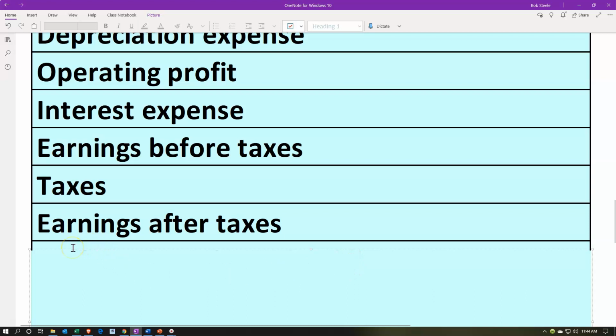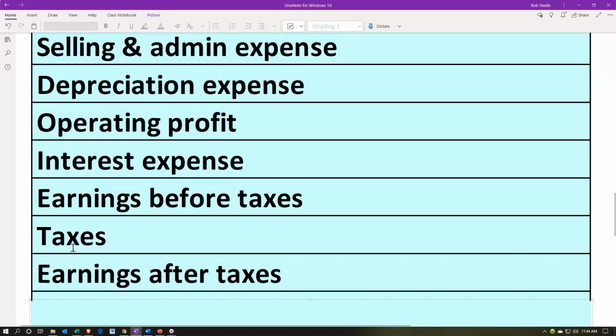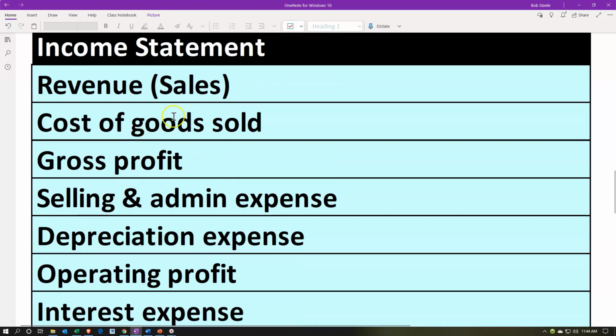Now, this was a long process to get there because we have a lot of subtotals. Note that you can get there in the same way. We could have shortened this down to what's called a single step income statement, as opposed to this, which is a multiple step income statement. We'll typically just use this statement because for finance, we'll almost always use a multiple step income statement because we want the detail in order to do ratio analysis.